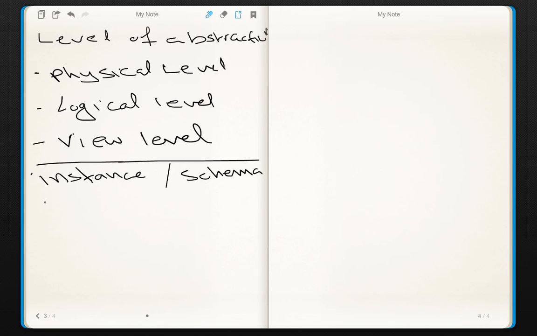Also, you will need to know, I'm just talking about these briefly because you already have them in your slides. You can just fetch the information and revise it. So you also need to know the data manipulation language. What's the data manipulation language? And the data definition language.